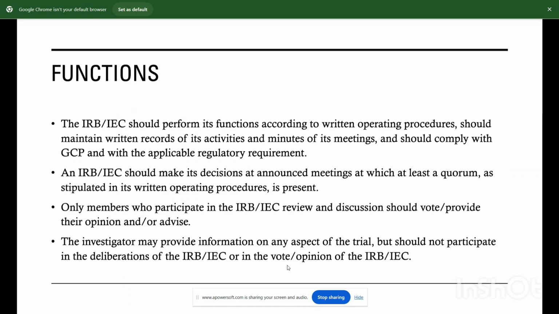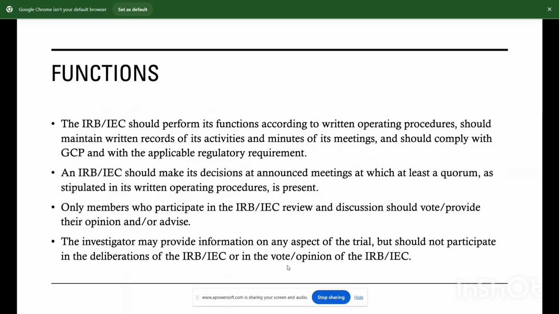Then let's see what the functions of this EC are. Every EC will have standard operating procedures to perform their activities properly, so their work should go according to these written operating procedures only. ECs have to conduct their regular meetings, like bi-monthly or monthly.